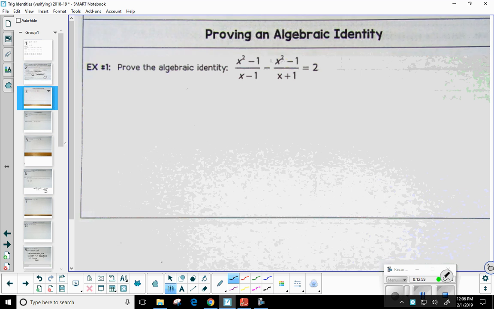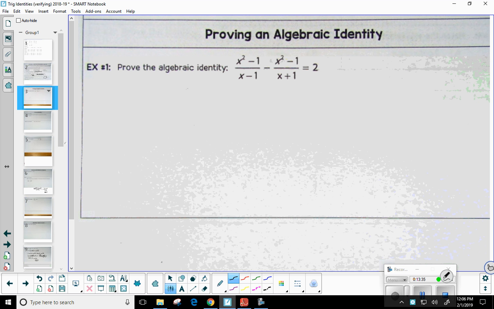All right, so let's look at an example, but we're going to do one algebraically first. Okay, so here's the thing. You might remember these from Algebra 2. This is a rational equation. Now, we're not solving this. I have no interest in finding what value of x is going to make this true. We're not solving equations. What I want to do is choose one side, either the left or the right, and using some algebra, some identities, somehow rewrite it just like we've been doing and get the other side.